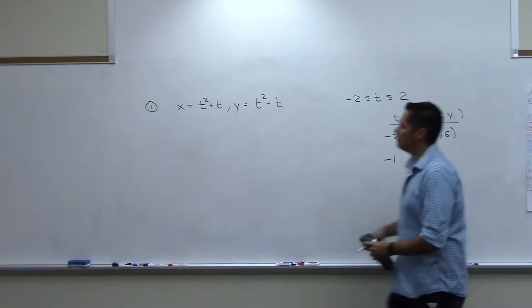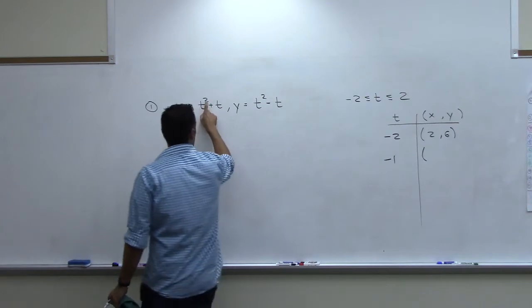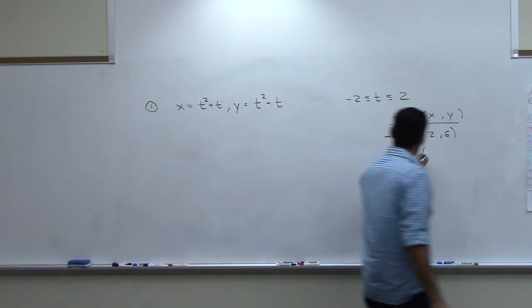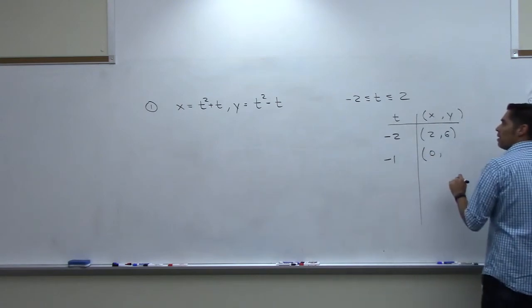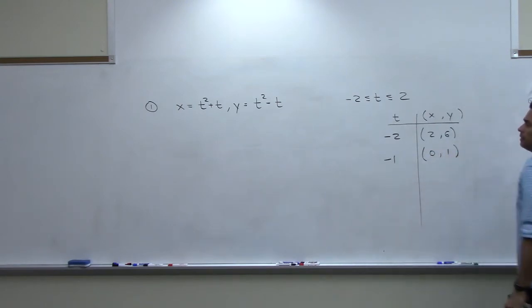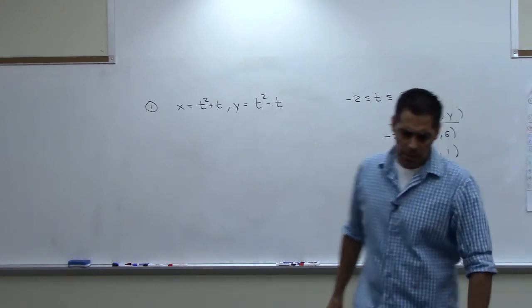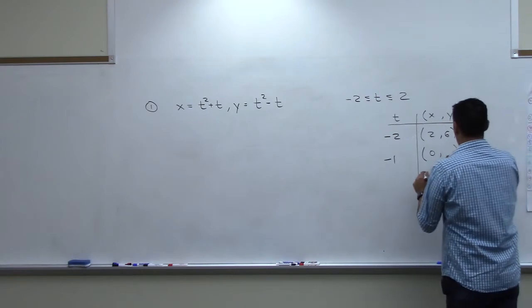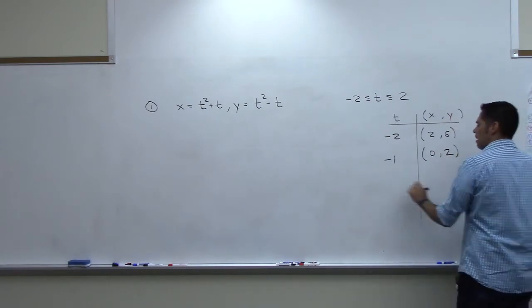Let's do -1. So we've got -1 squared, 1, then plus -1 is 0. And then -1 squared minus -1, so we should get just 1. No, 2. Sorry, 2. So 0, 2. All right, then we plug in 0.